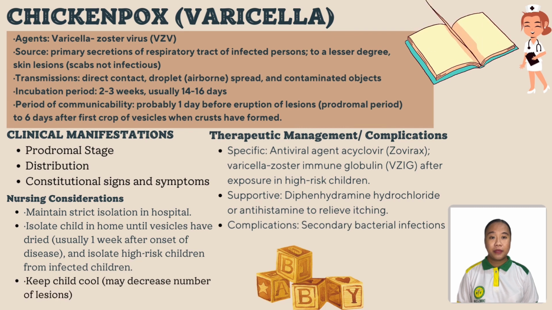Period of communicability is probably 1 day before eruption of lesions, which is the prodromal period, to 6 days after the first crop of vesicles, when crusts have formed. Risk of becoming infected with the varicella zoster virus that causes chickenpox is higher if you haven't already had chickenpox or if you haven't had the chickenpox vaccine.